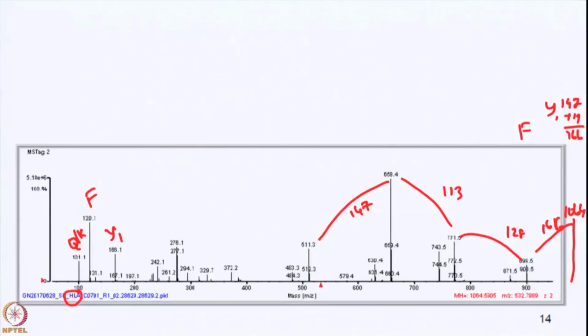No, it's 166, which plus 18, right? So again, that would be the 147 F. This would be Q, L, F.